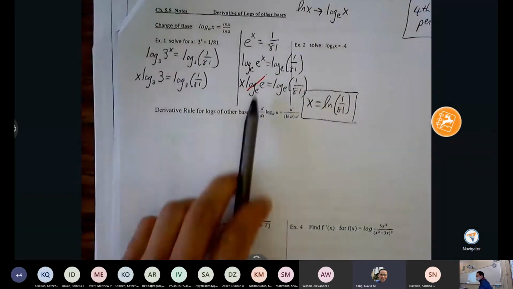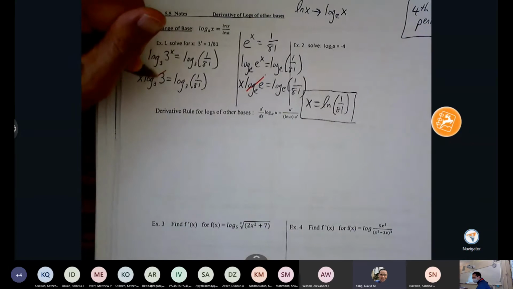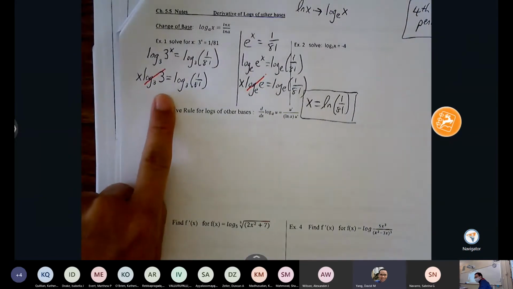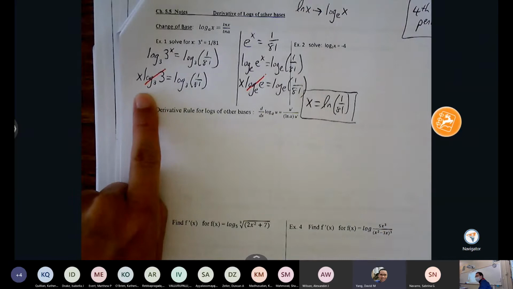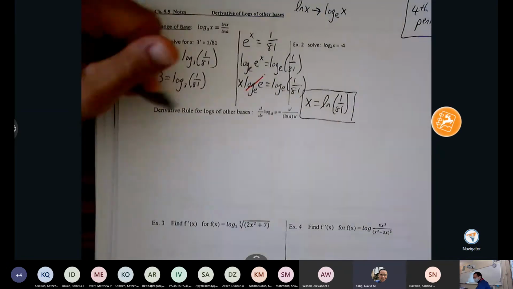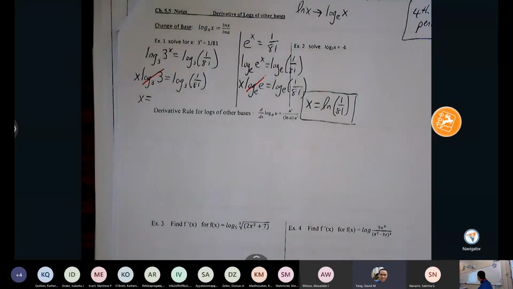Log base 3 of 3, just like log base e of e, just like natural log of e. Essentially what we're doing is pairing an exponential function with its inverse, right? They're going to undo each other, just like how natural log and e are going to cancel each other out. So we're left with log base 3 of 1 over 81.